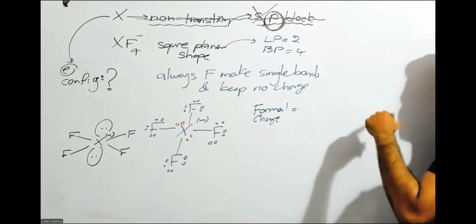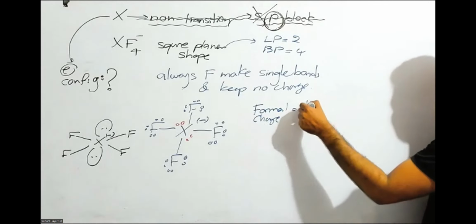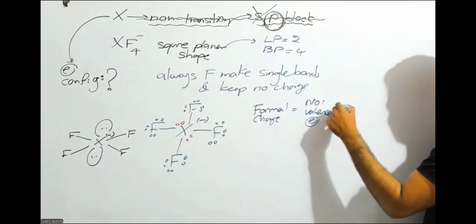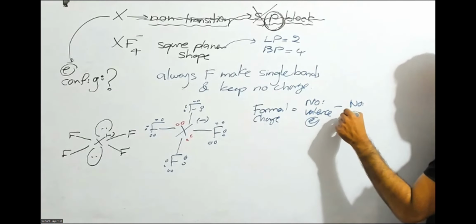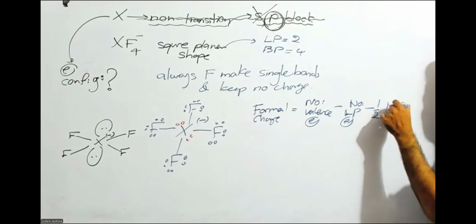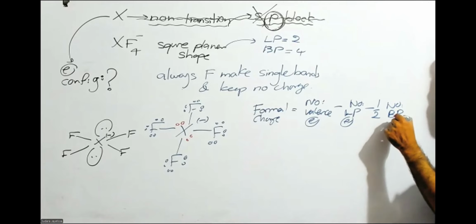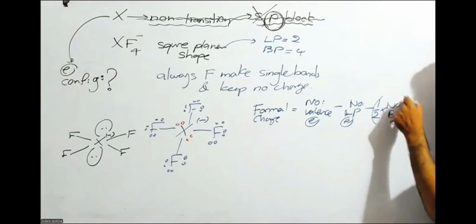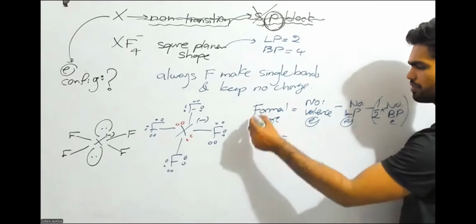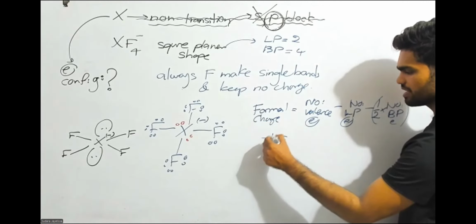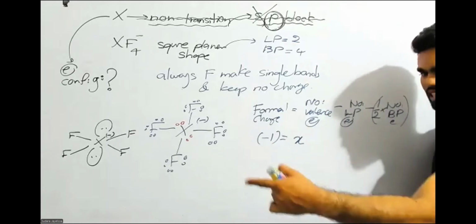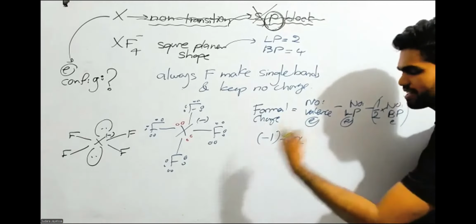Formal charge of a given atom equals the number of valence electrons minus the number of lone pair electrons minus half of the number of bond pair electrons. That is the formula. Remember? If you know the valence electrons, you can decide the group or the configuration.